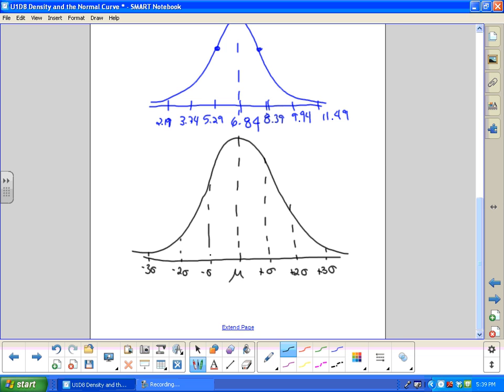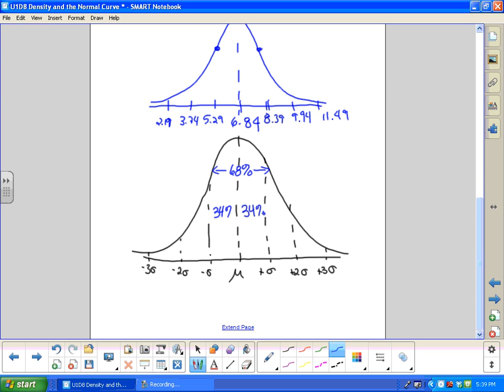Now, since my distribution is symmetric, we have a lot of cool things we can do to figure out the different pieces. So if this total area right here is 68% between these two values, then this right here is 34%, and the other side is also 34%.